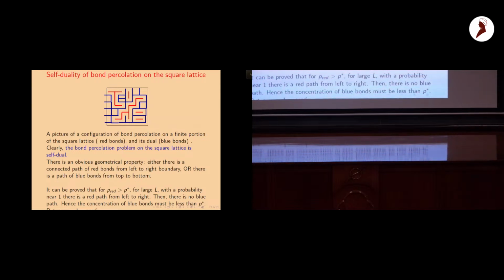So we will say that if P is bigger than PC in the red problem, then there is a red path from left to right, for large L, with probability 1.